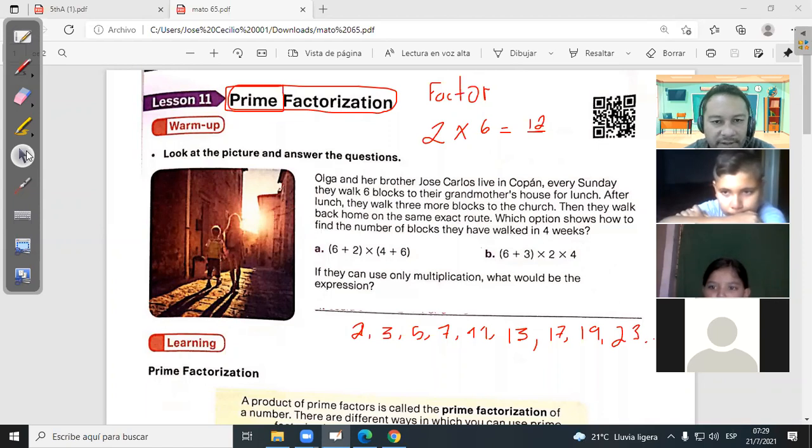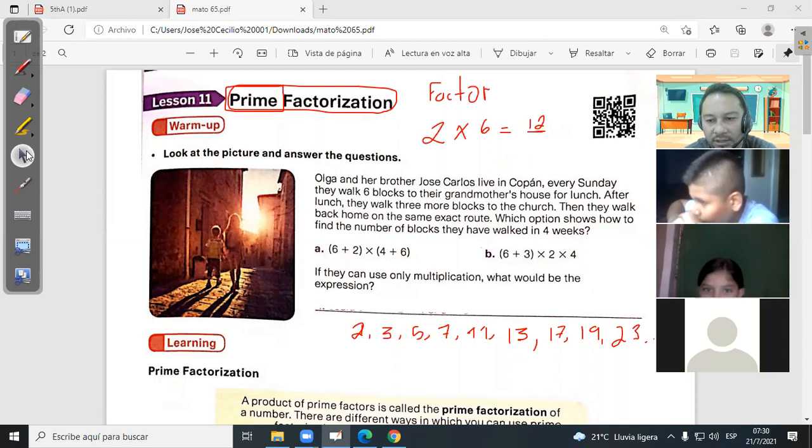Yeah, remember that Rafael mentioned this in the class on primes and composite numbers. Composite numbers are numbers that have another factor, but in this case, we don't.